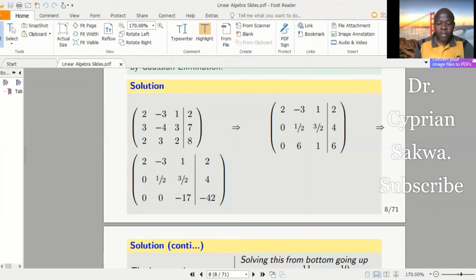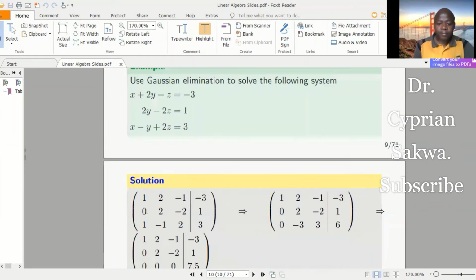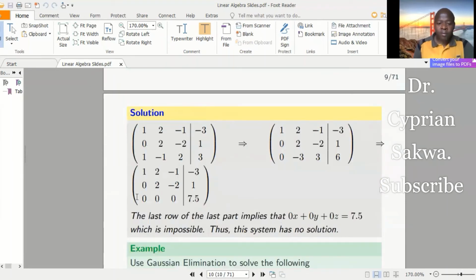Then we came to this other example, and look at how the last row was. We had 0 plus 0 plus 0 giving us a non-zero element, and we concluded that that is not possible, and therefore this system lacks solutions.